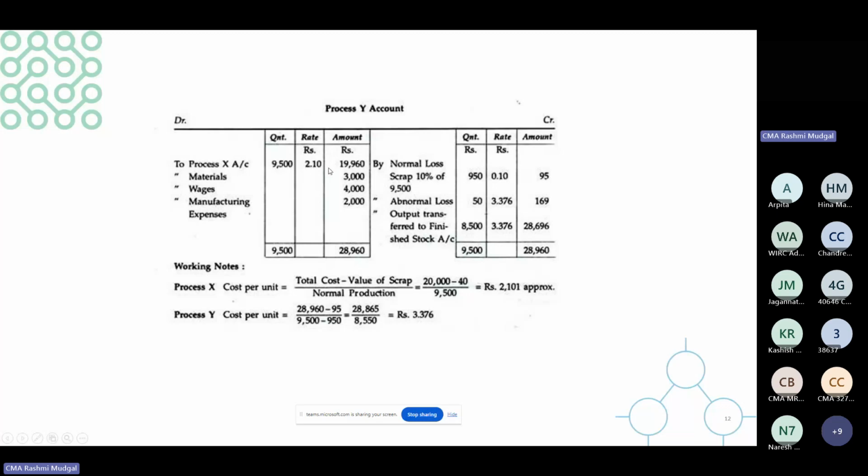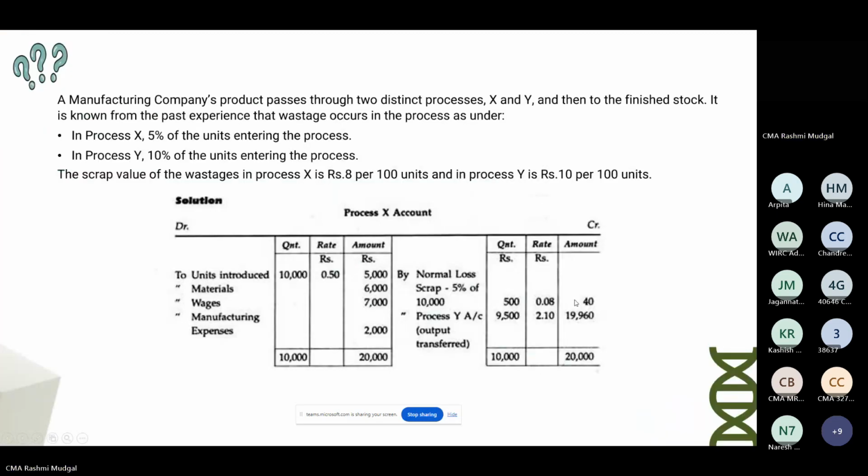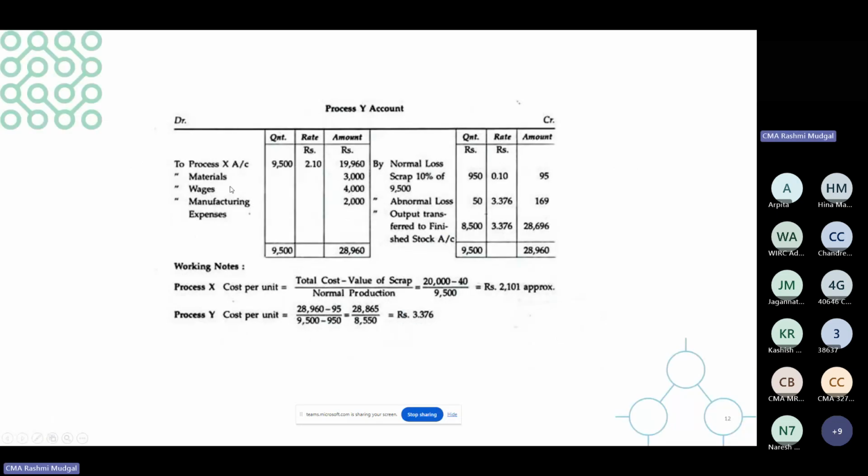Again, I go with the price of 19,960. The price from process X comes here and becomes the material cost. Again, material, wages and manufacturing expenses are incurred here, and it becomes 28,960.